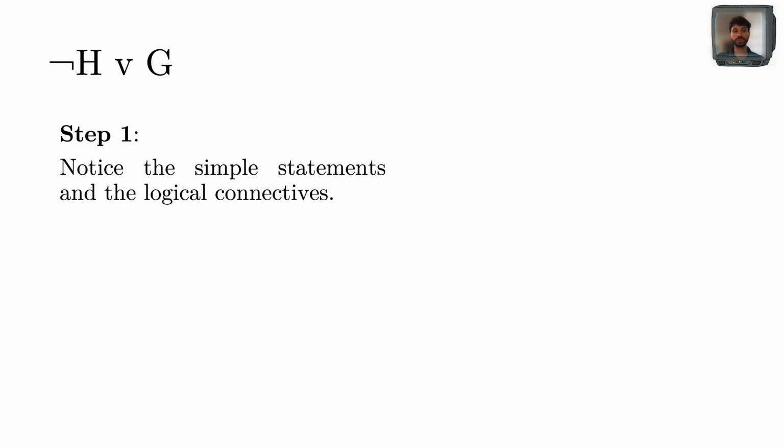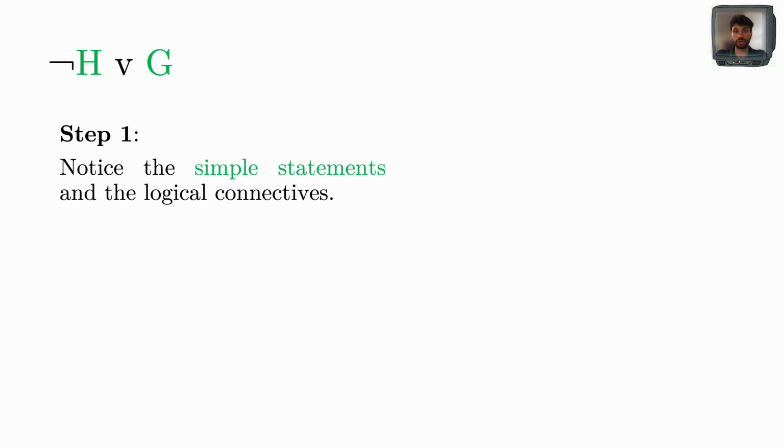So how do we do it? The first step is to notice the simple statements and the logical connectives of the complex statement. So what are the simple statements here? What's the simplest possible part of this complex statement that says not H or G? Well, it's H and G. These are the simple statements.